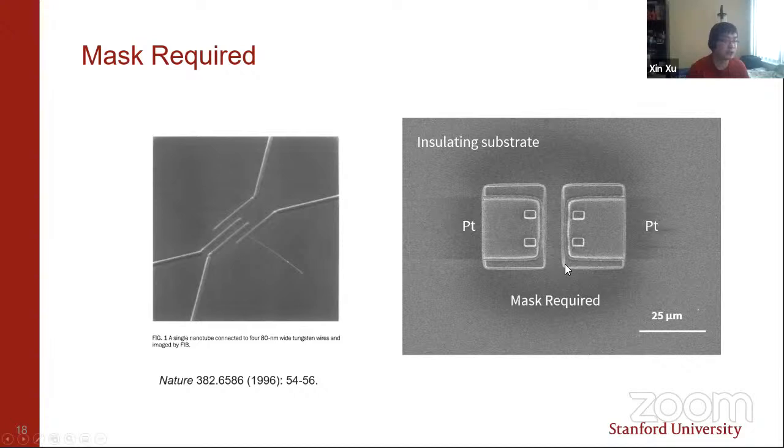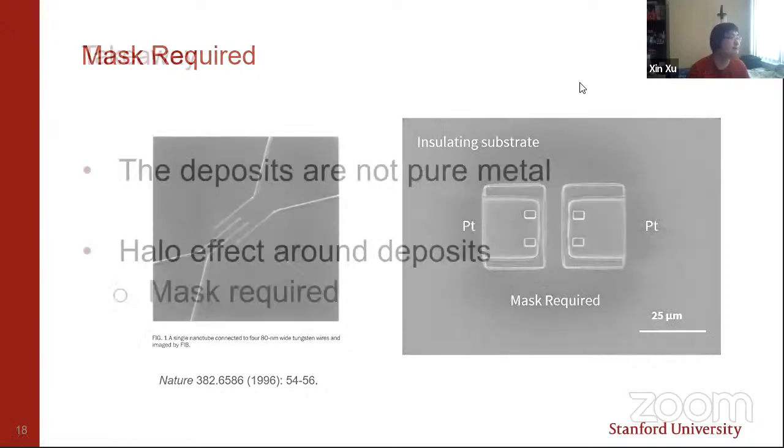For example, here I just use a polymer coating with some gold, which is good for the FIB imaging. But the polymer is thick enough and can also protect the substrate from gallium beam damage or implantation.